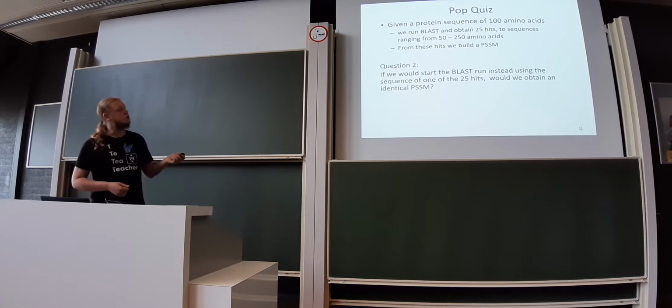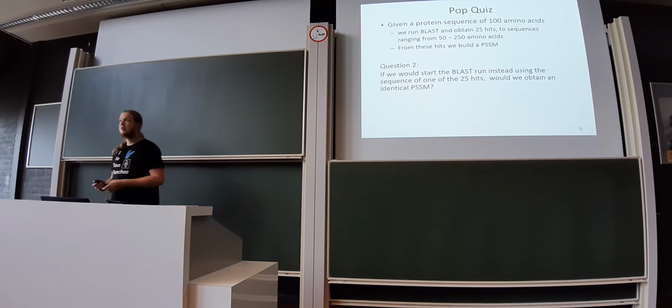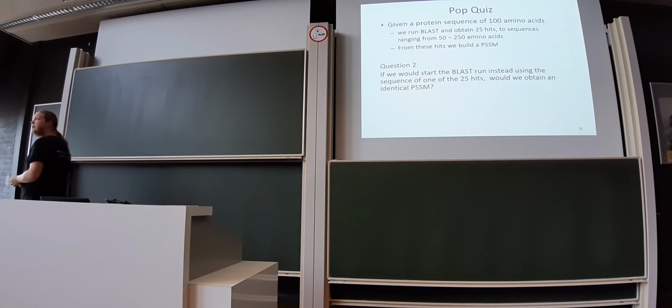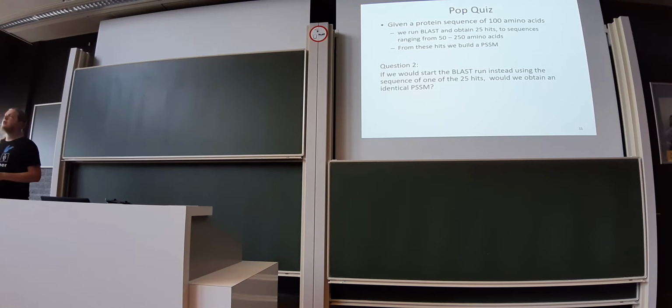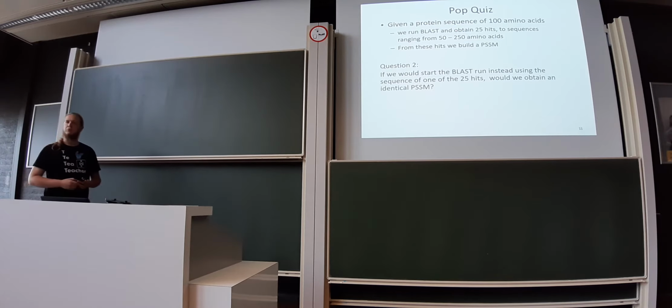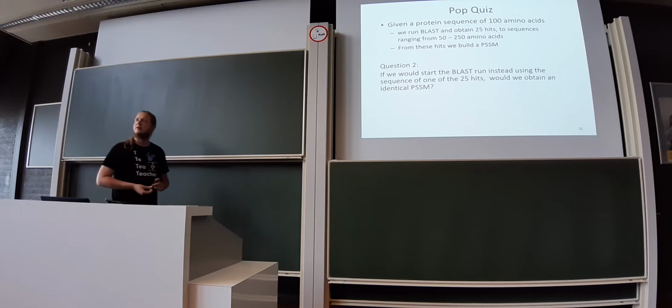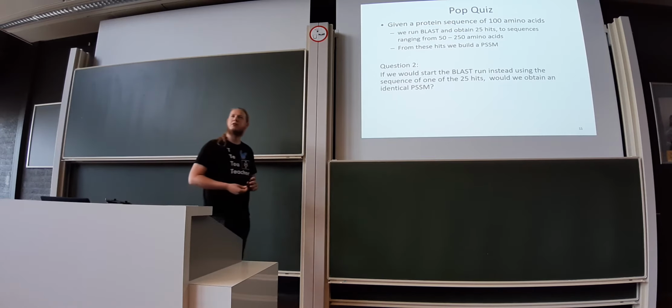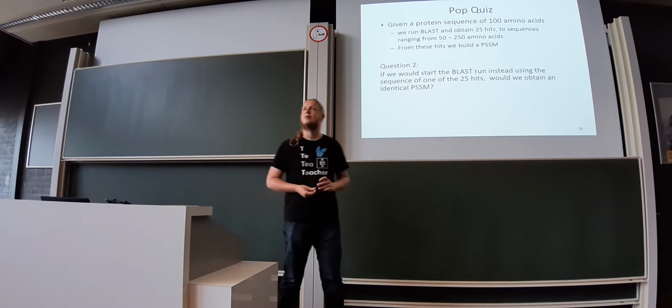Now, if we would start the BLAST run using one of the 25 hits instead of the original query, would we end up with the same PSSM? See some people shaking no, see some people nodding yes. Anyone care to explain their head bobbing?